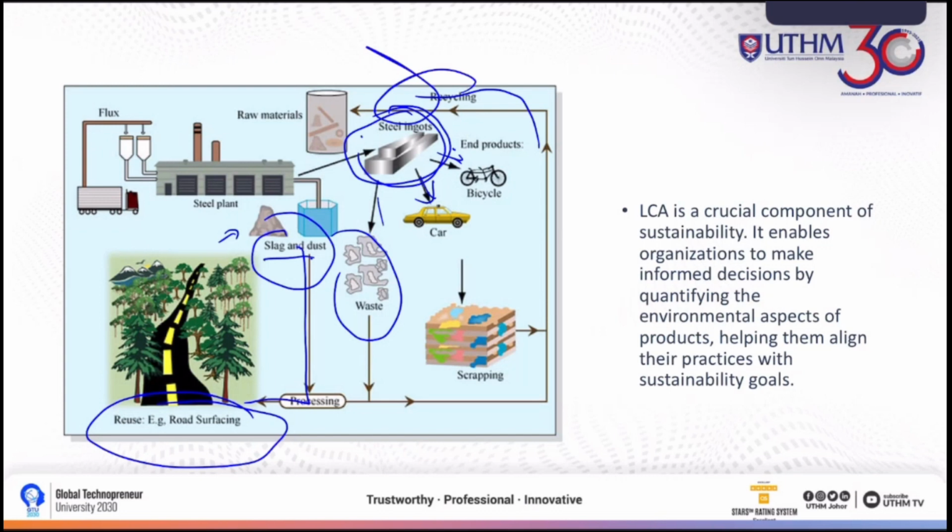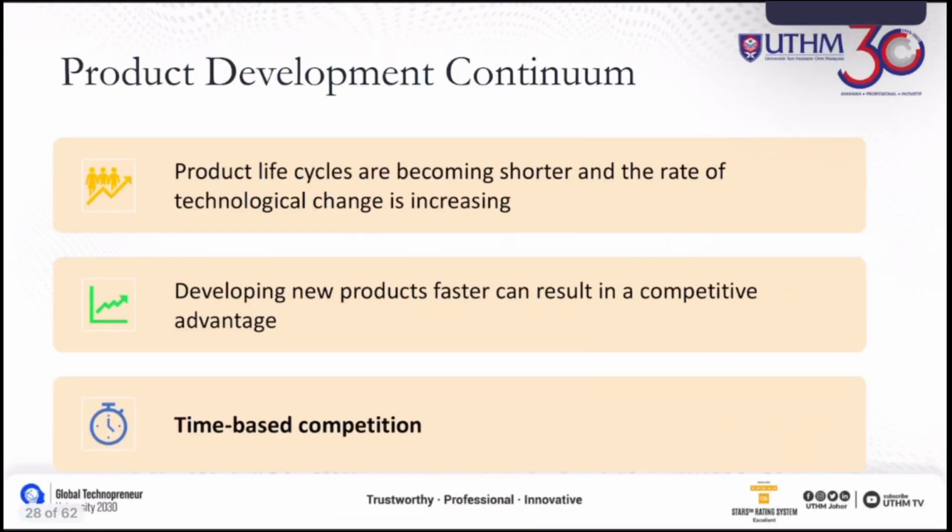So LCA is a crucial component of sustainability. It enables organizations to make informed decisions by quantifying the environmental aspects of a product, helping them align their practices with sustainability goals.